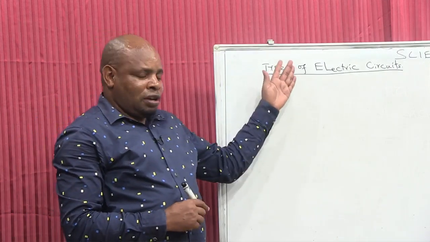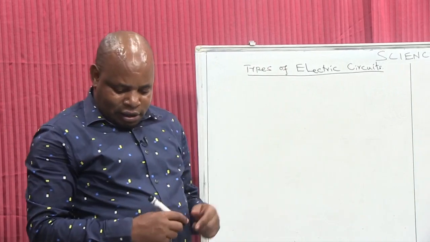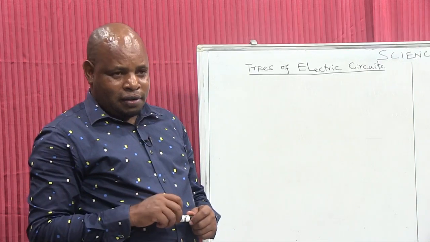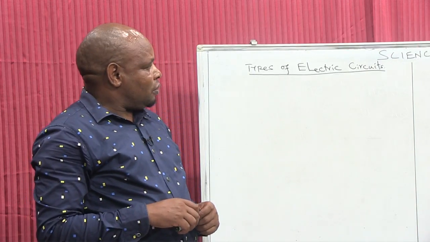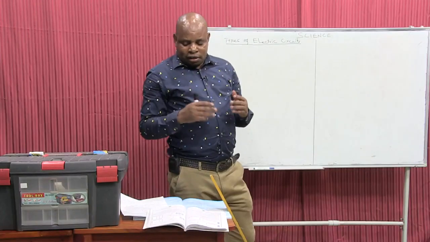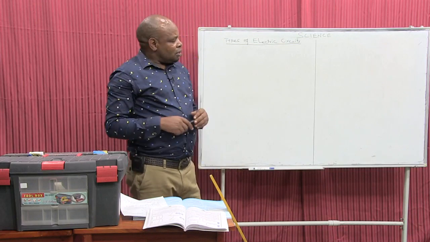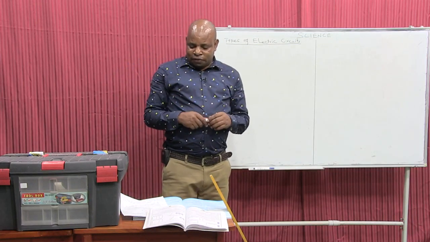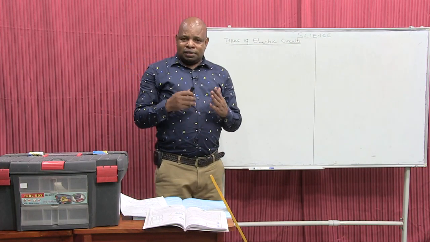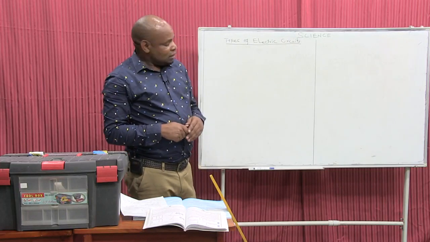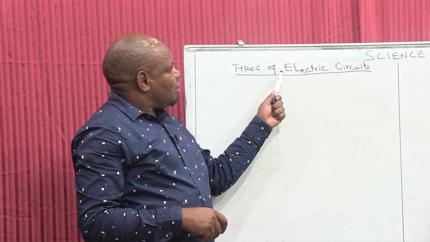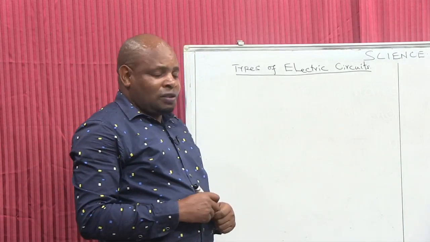This is the continuation of the previous topic which we started in the previous period, which was electric energy, where in our previous lesson we discussed electric energy, the components of electric circuits, and the signs or symbols of an electric circuit. So today, we're going to look into the types of electric circuit.